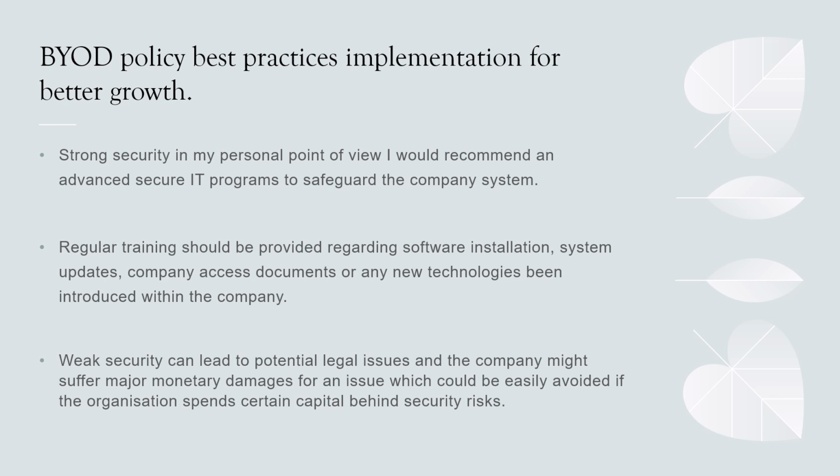According to the budget spending of a company, they should always invest more in security, because that's the major concern. If a hacker or any party gets access to the company, this can cause a lot of monetary damage, and the company might have to pay hefty sums.